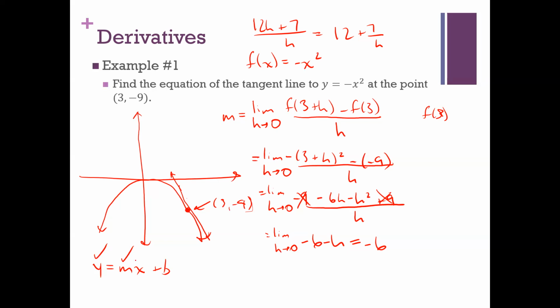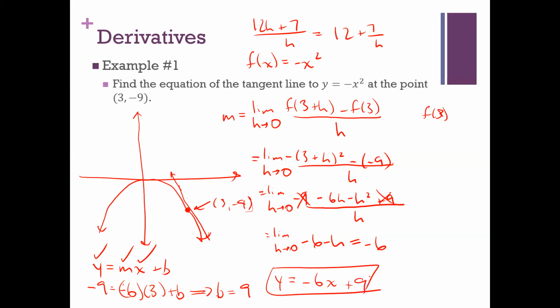Yep, just got it. Do I have an x value? Yep, so I have enough to get the missing piece. So negative 9 equals -6 times 3 plus b. So that gives me b equals 9. Okay. So my tangent line here is y equals -6x plus 9.